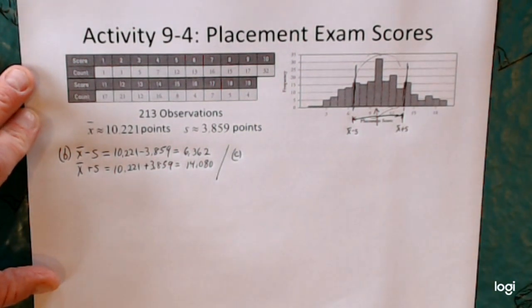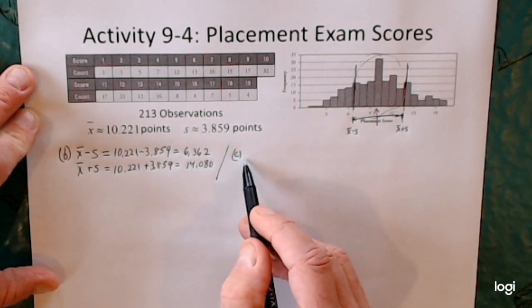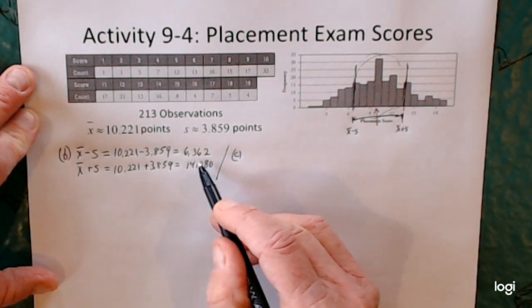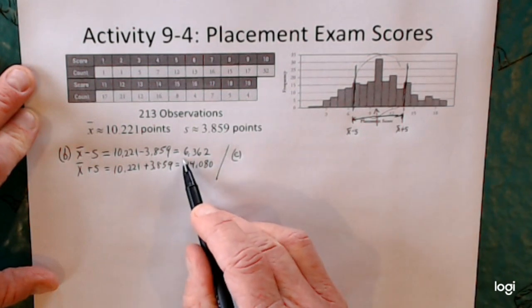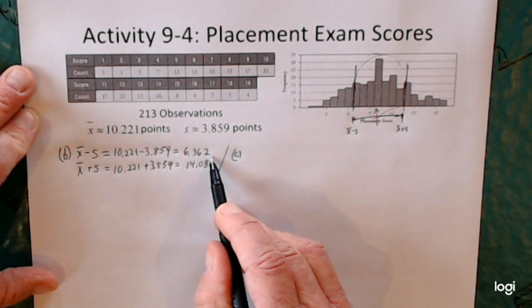Now, one thing to be a little careful of. If you scored a 7 on the placement score, you are within one standard deviation, because going down one standard deviation from the mean takes us to 6.362.